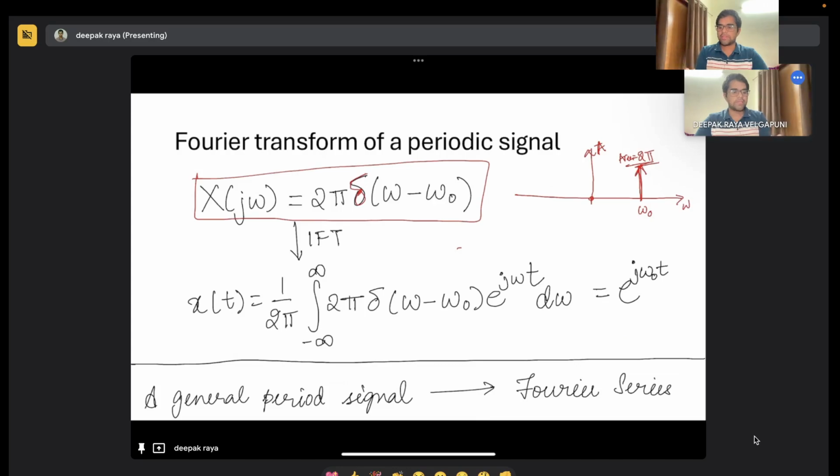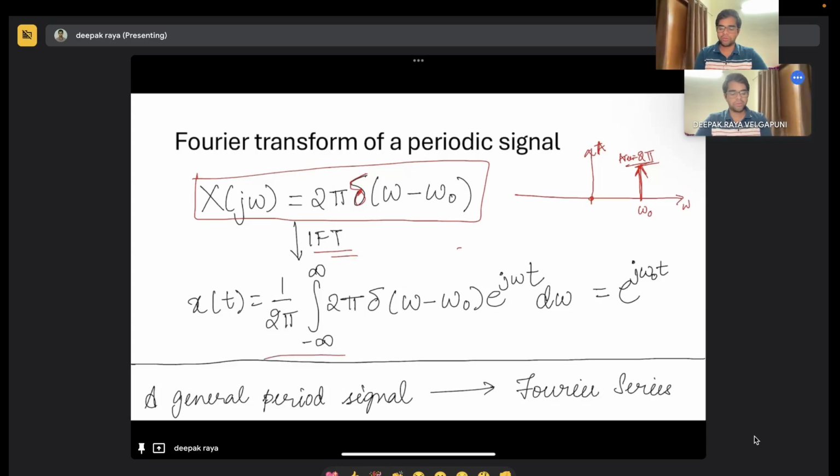So let's say we take a signal with this Fourier transform, and now we try to do an inverse Fourier transform on this. So when we do an inverse Fourier transform, what you get is 1 by 2 pi integral, we have derived this inverse Fourier transform expression.